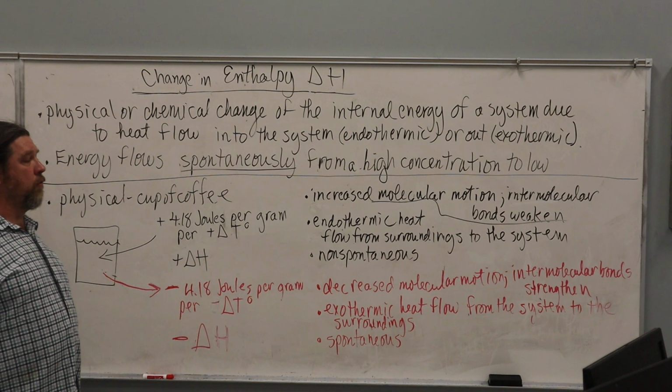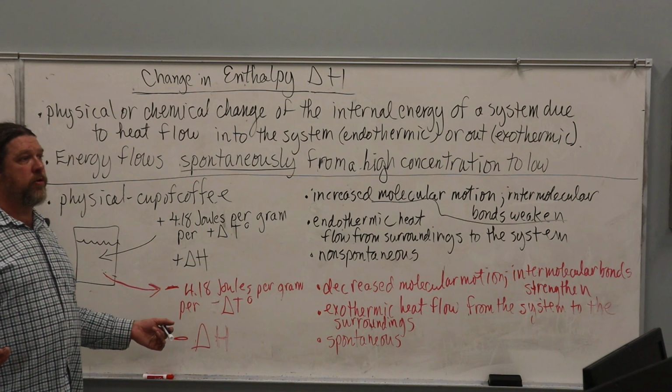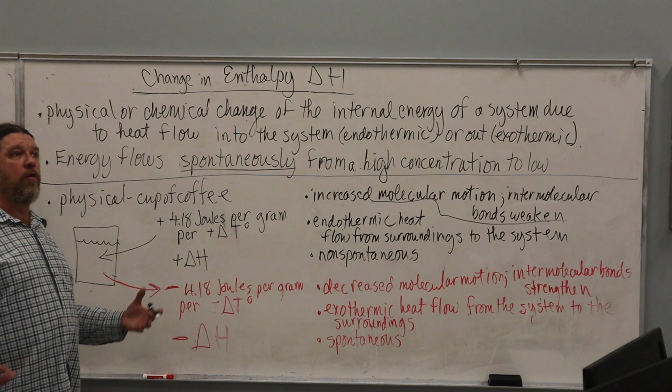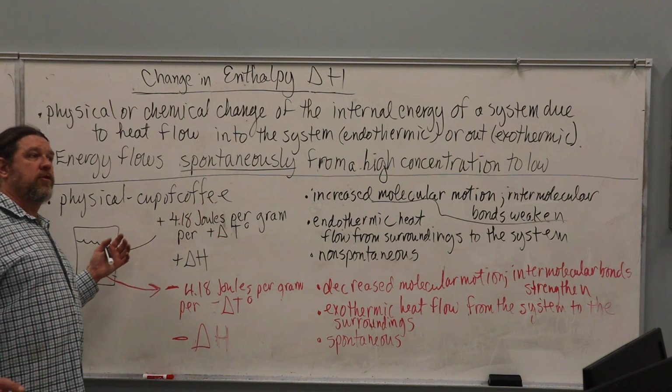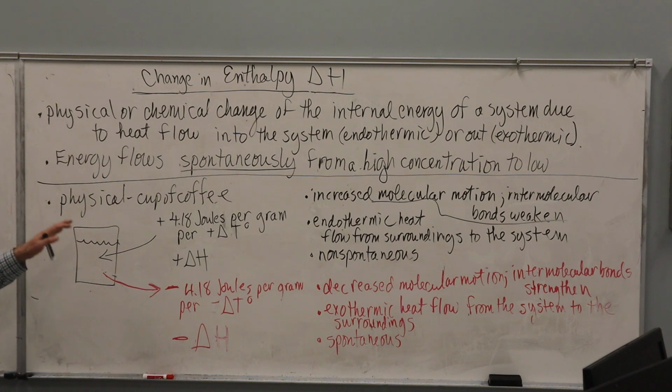Or if somehow the room gets way hotter, which we wouldn't want to be in that room, of course, then that heat energy would flow from the room, but it still is the energy lost of the surroundings to the system. So relative to the system, this is endothermic.